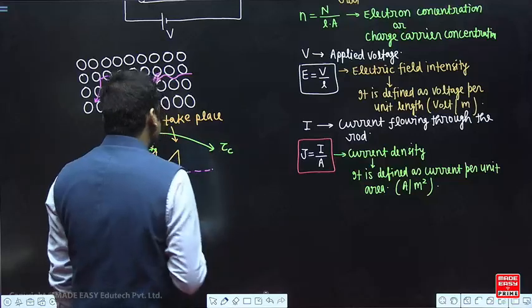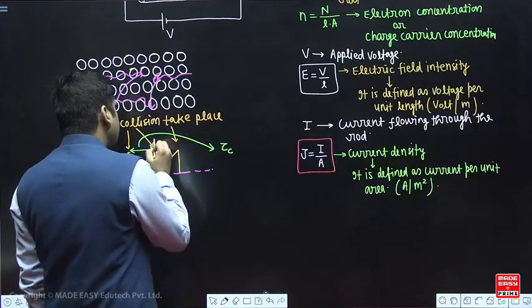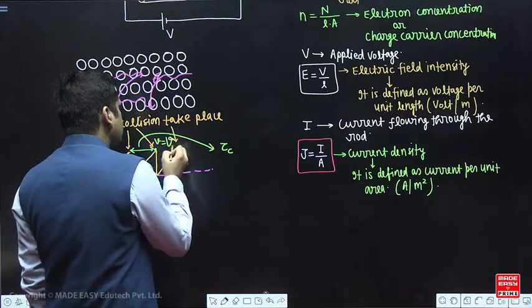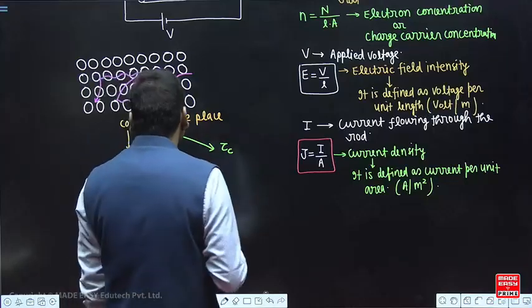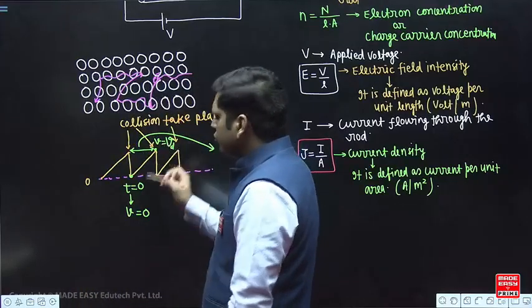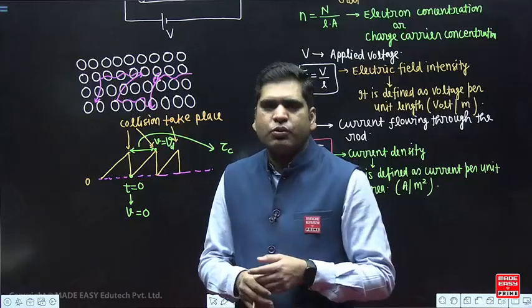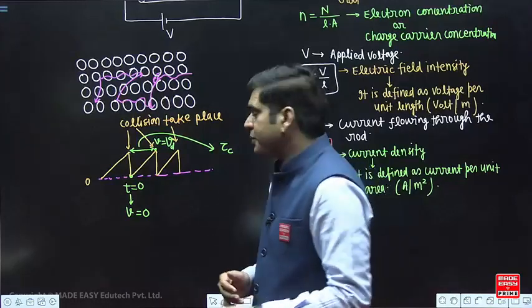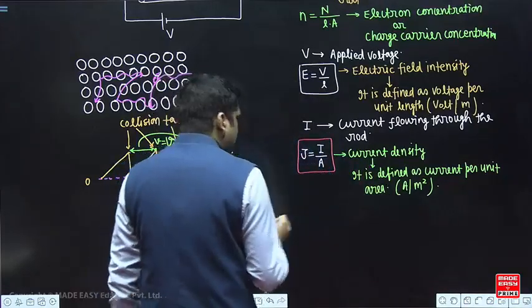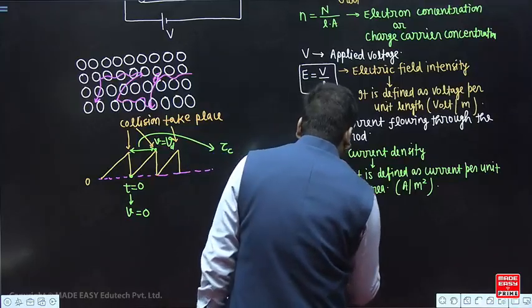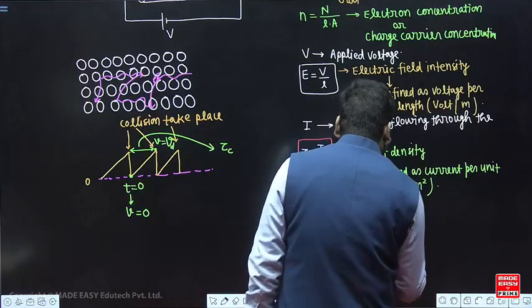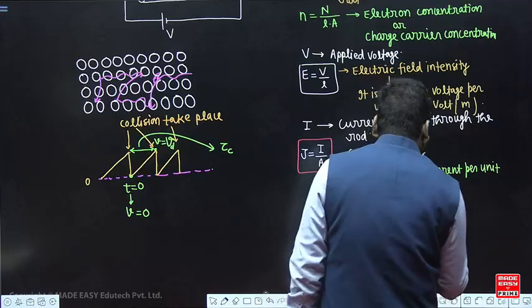This is tau c, right? And here the velocity of electron is given as vd, drift velocity. So from 0 to tau c, between the collisions, whatever velocity the electron acquires is known as drift velocity. So tau c is average collision time.